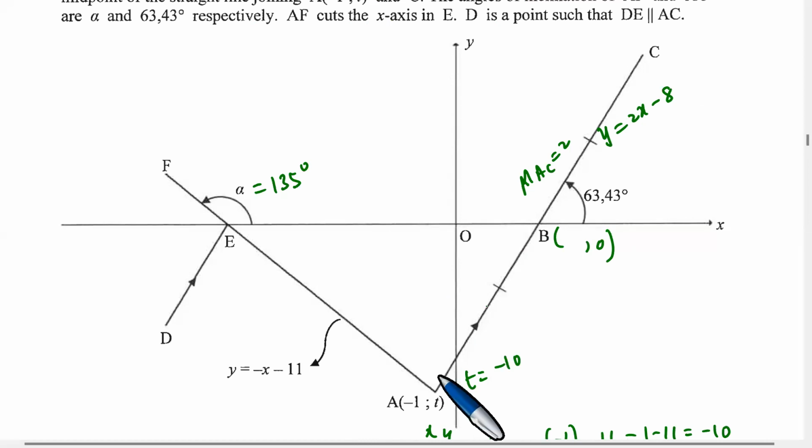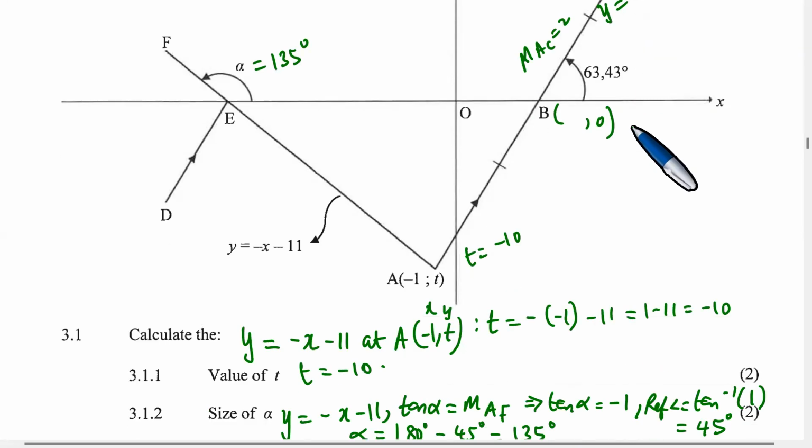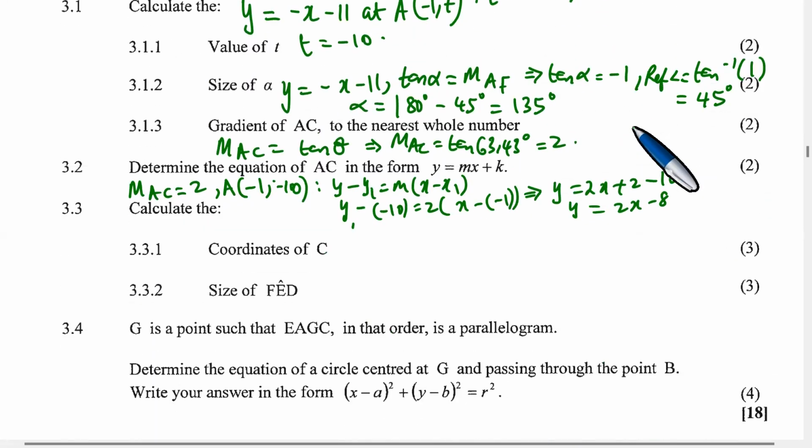So to find the coordinates of the point C, we use a couple of things. What do we use? It is much easier to just find x at B, the x-intercept. That's what we're going to do first. The equation of AC you already know is 2x minus 8, and we find the x-intercept. So this is how we proceed. We say y is equal to 2x minus 8. And then we're going to find the x-intercept. How do we find the x-intercept?